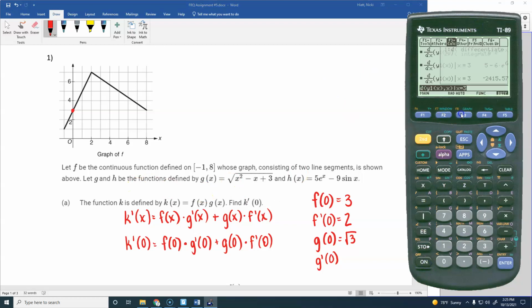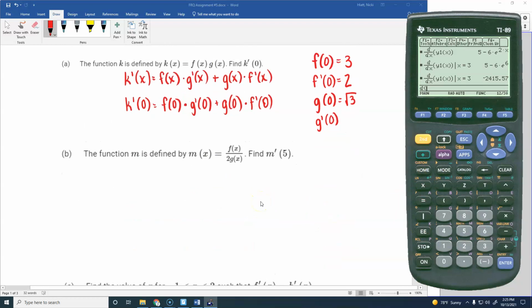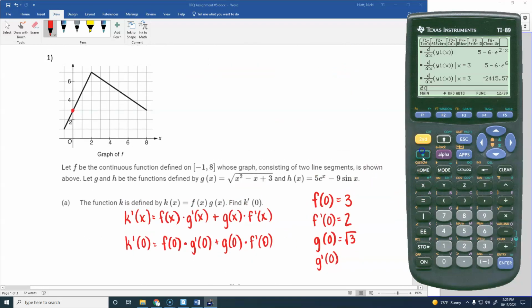So, derivative, I don't have it typed into y1 right now. I could. Do I want to? Yeah, let's give it y1. I like it better. Like that. Square root of x squared minus x plus 3.